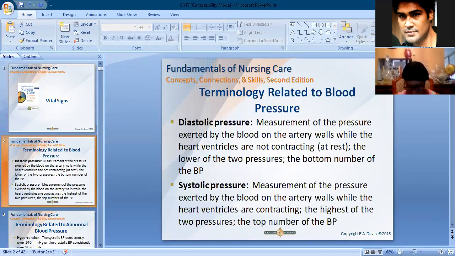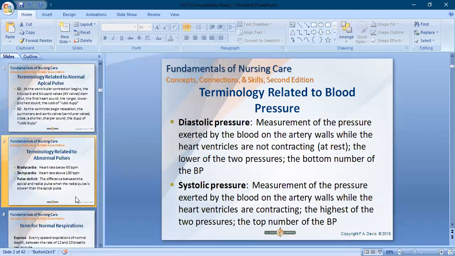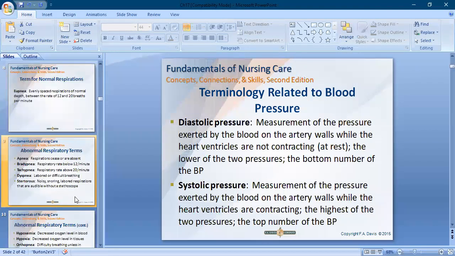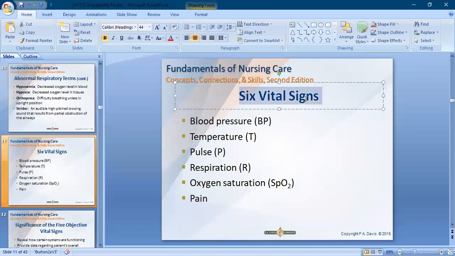So here are some terminology related to the vital signs or blood pressure. Basically, I want to show you first, okay, this one. There are six vital signs.